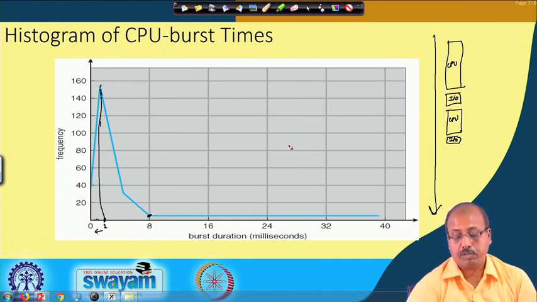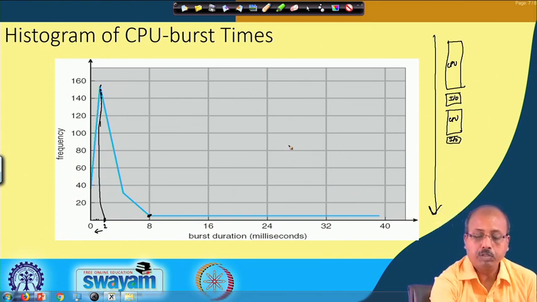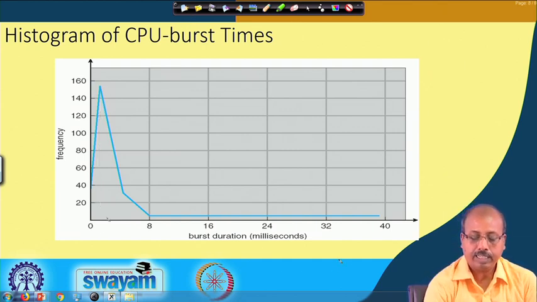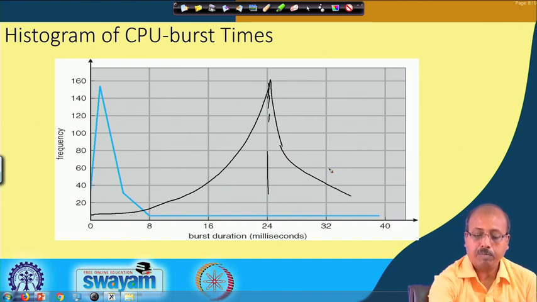Of course, this situation may change. For example, if you look into a program which is computation dominated, then you will see that this part is small, but the peak will be somewhere here maybe. You get a higher number of CPU bursts of higher size compared to lower size, or maybe this curve may shift further.